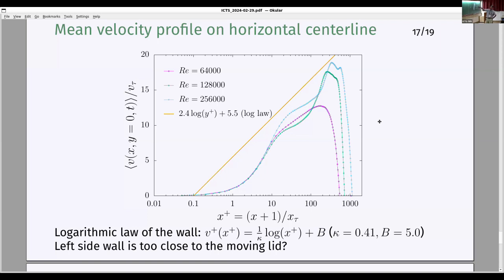But definitely there are other straight regions, which may not be the log region at all. This is what we observe for the central horizontal line around the left wall.